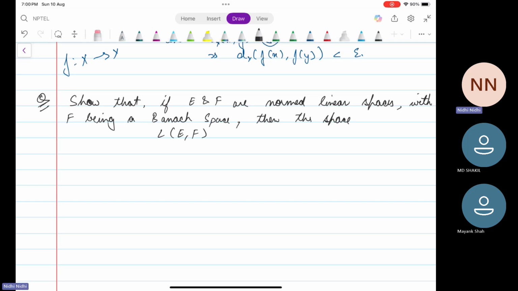This is the space of all bounded linear operators, the collection of all those functions f from E to F. f is a bounded linear function. That means a linear transformation which is continuous as well.